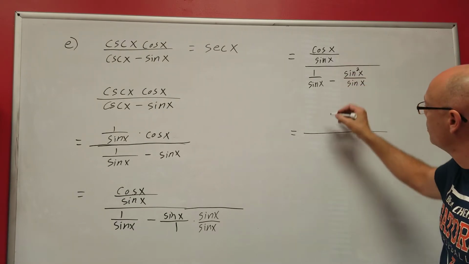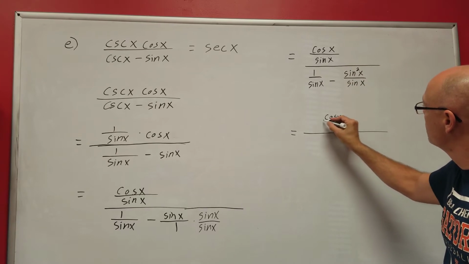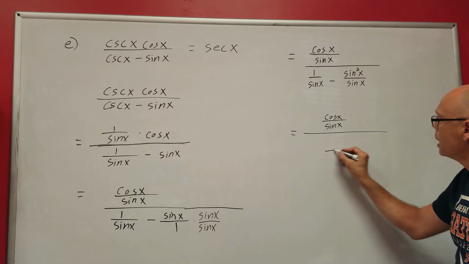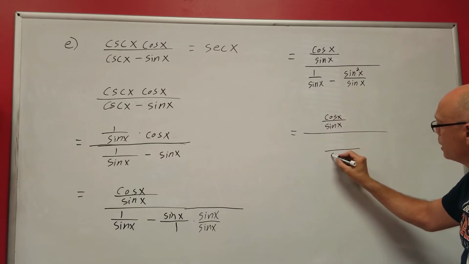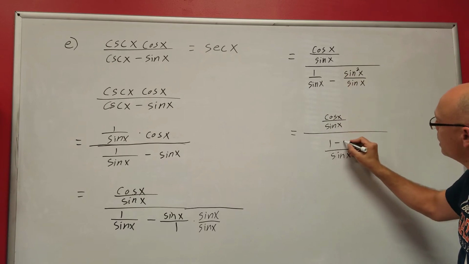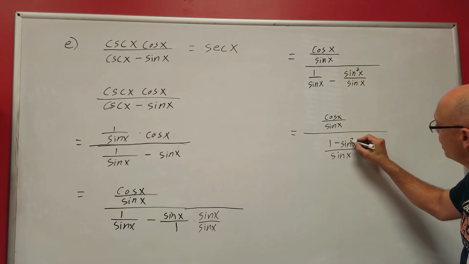All right, so the numerator comes down, cosine of x over sine of x. Now the denominator, I'm just going to write the sine of x down one time, and I'm going to subtract the numerators. 1 minus sine of x squared.